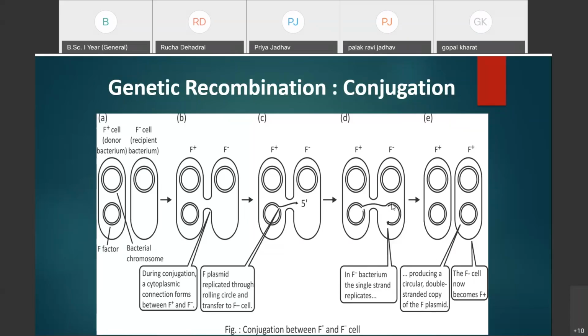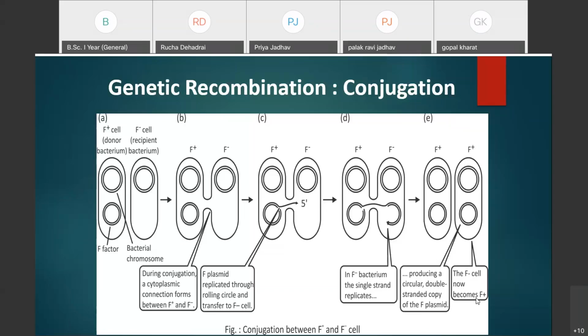And thus here you can see the F negative cell gets converted into the F positive cell.